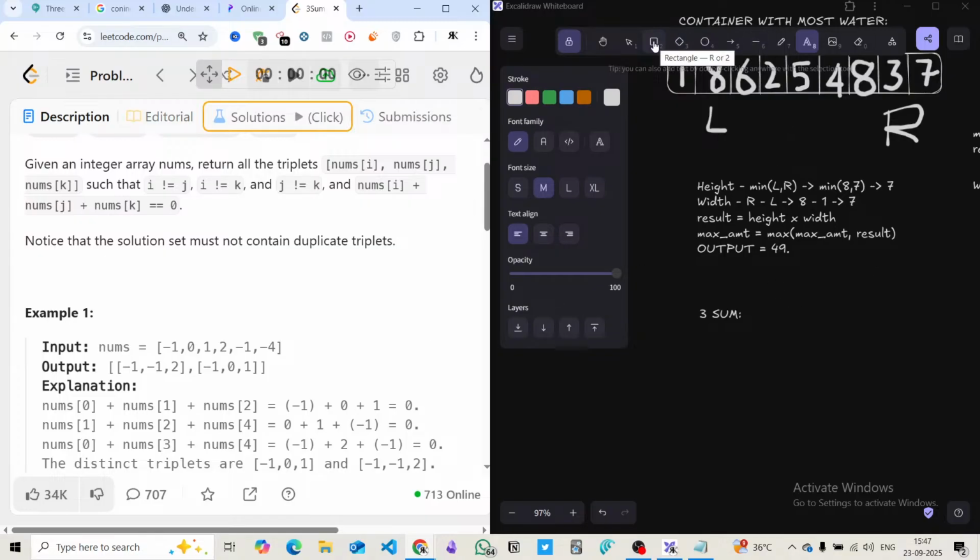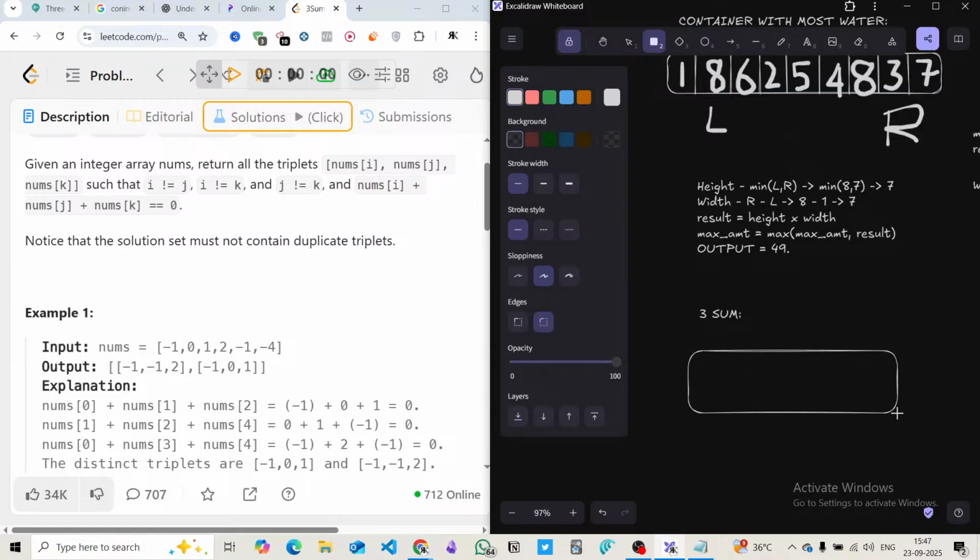Can we do it like this? Let's say I had an idea.